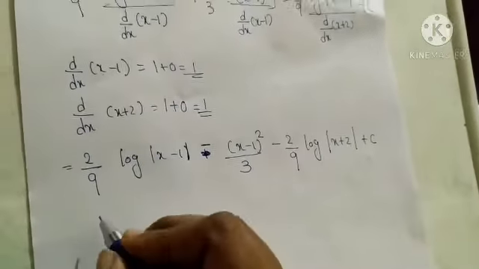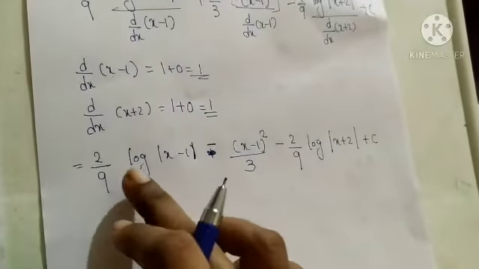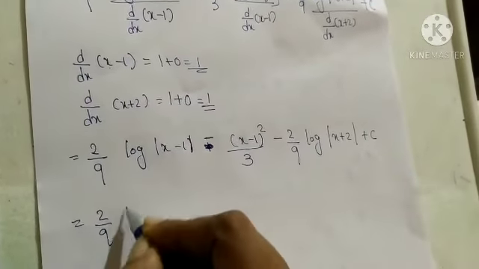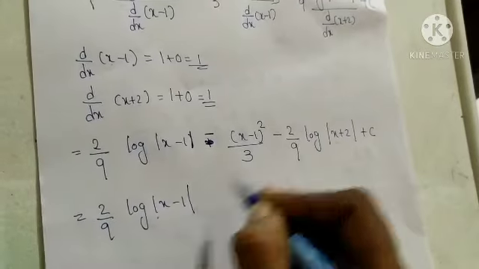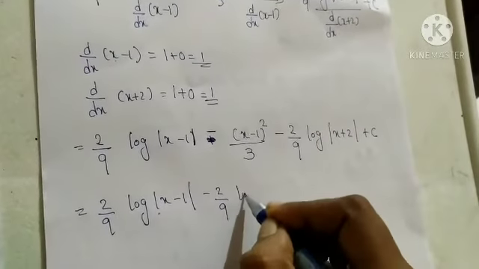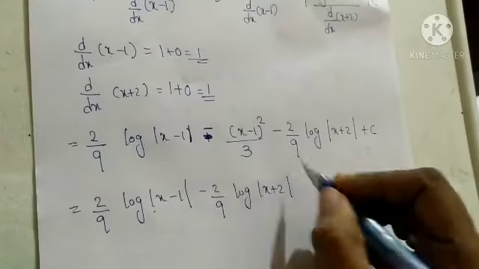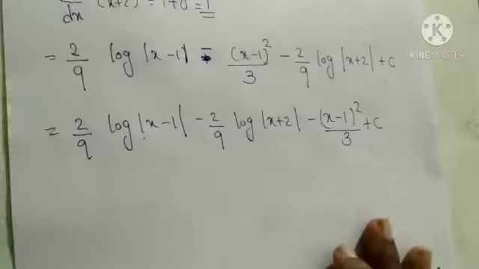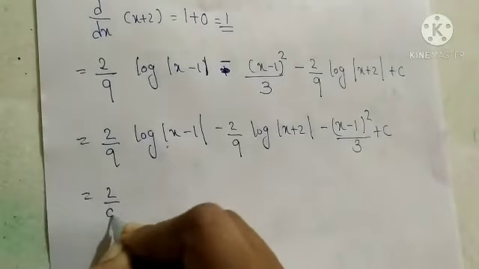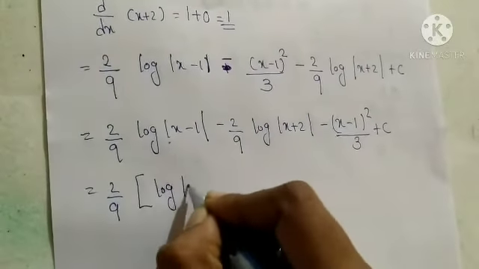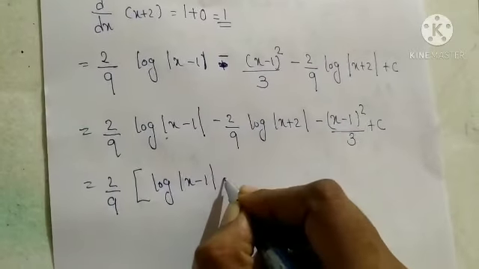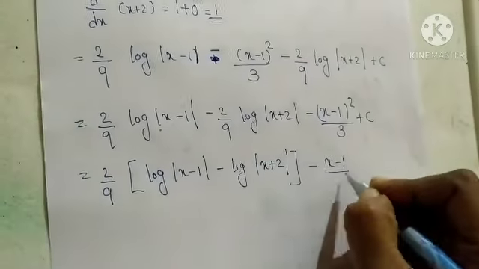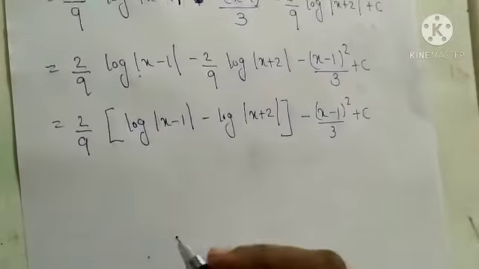Next, rearranging this whole term, I am going to write 2 by 9 log mod x minus 1 minus 2 by 9 log mod x plus 2 together, and the remaining terms remain the same. Here 2 by 9 is constant, so taking it outside, here we get log mod x minus 1 minus log mod x plus 2, and this term remains the same.